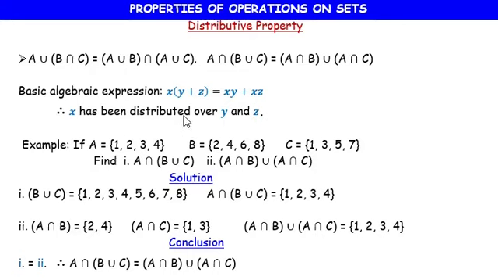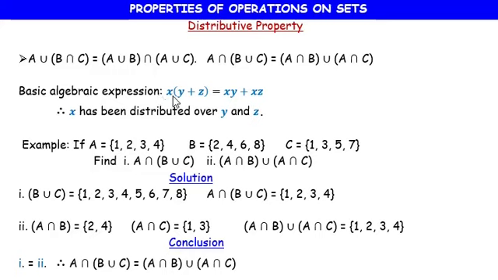Right? So the distributive property simply tells us that assuming you have x into bracket y plus z, now let's look at this particular example. How did we get xy plus xz? We paired the x with the y and then we paired the x with the z. What did we use to pair the x with the y? We used multiplication. So xy is x times y, xz is x times z.